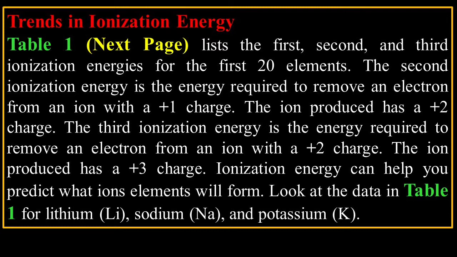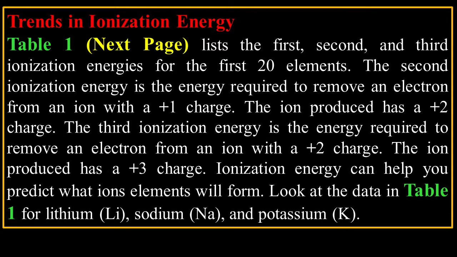Table 1 on the next page lists the first, second, and third ionization energies for the first 20 elements. The second ionization energy is the energy required to remove an electron from an ion with a +1 charge. The ion produced has a +2 charge.